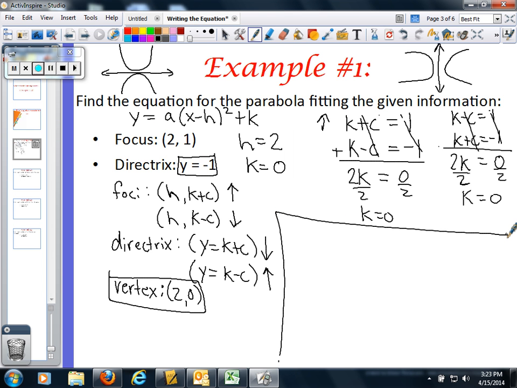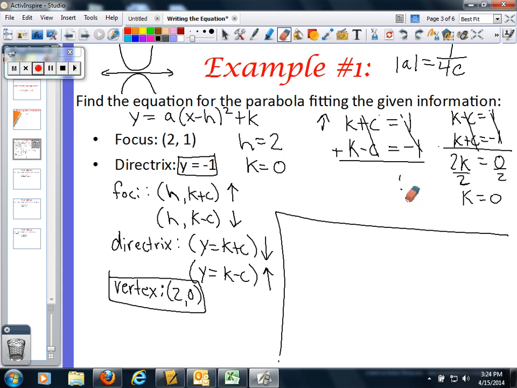Now if you remember with a, I'm going to erase a couple things here, give myself some space to just jot down a few things. I know that the absolute value of a is 1 over 4c. Okay? So now, we're going to go back. This is how we found k, and we're going to actually use this to find c now. Alright? Let me actually make this a little bigger, and I'm just going to erase it, and I'll rewrite the whole thing.